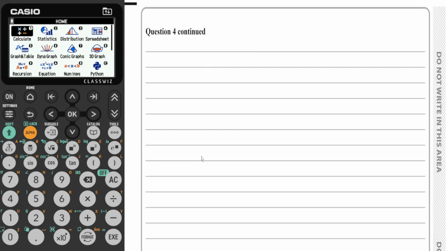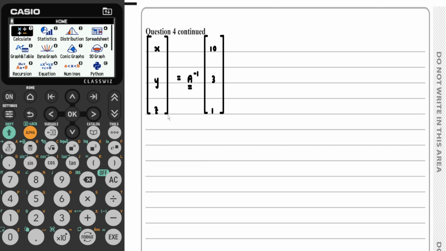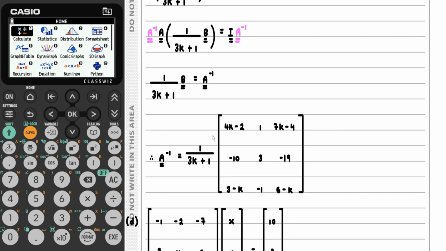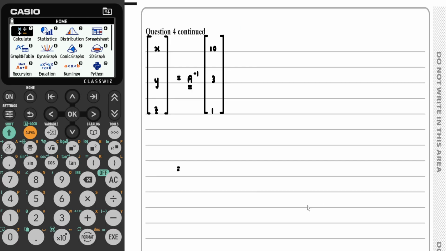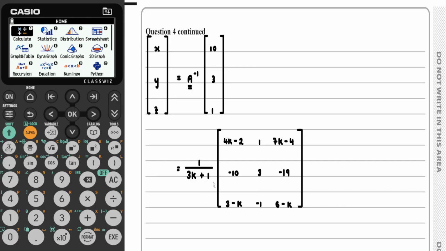So in other words, x, y, z is equal to A inverse multiplied by 10, 3, 1. And we already know what A inverse is. We work that out over here. So I've got A inverse, which is shown here, multiplied by 10, 3, 1.